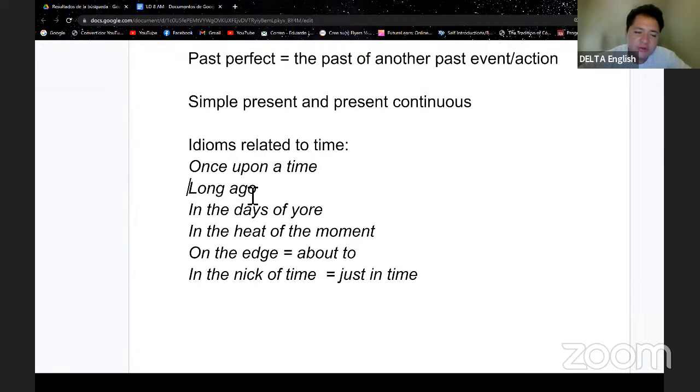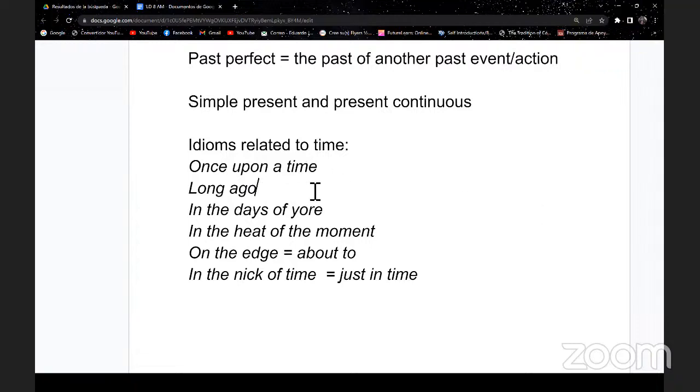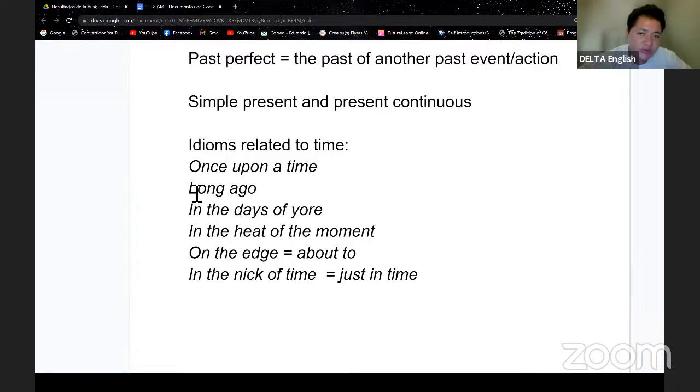Okay, you can also use long ago. Like long ago, there was, I don't know, there was a happy boy living. Yes, exactly. So you can also use it to start your story, right? Then we also have these expressions, right? In the days of yore.